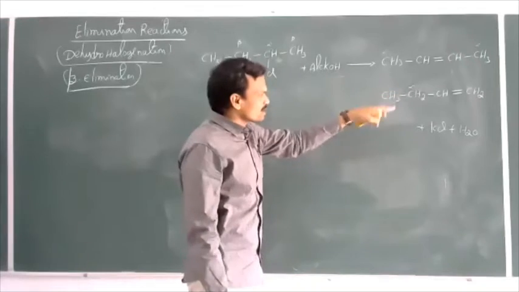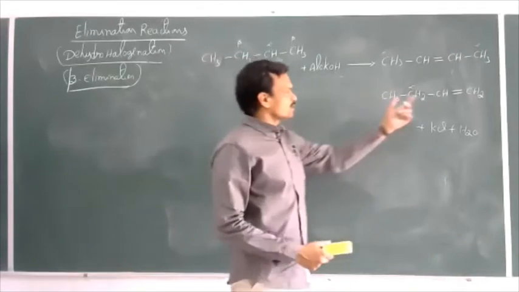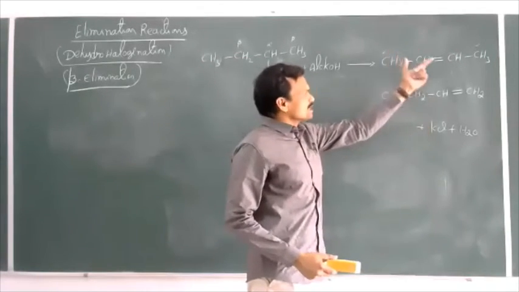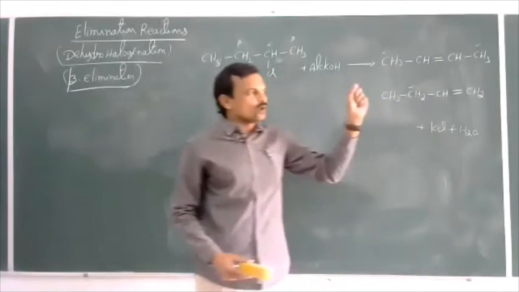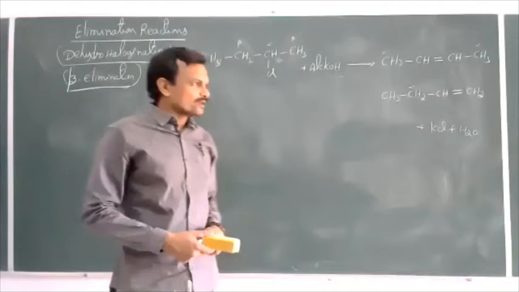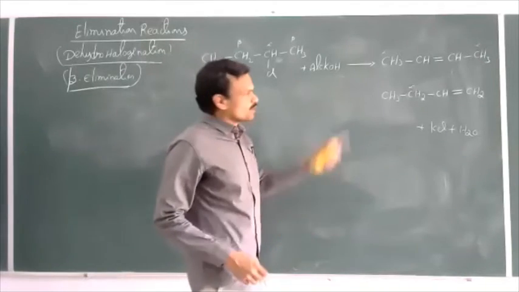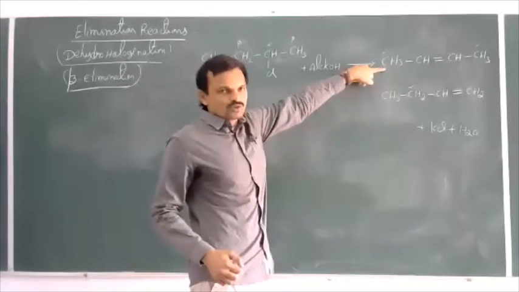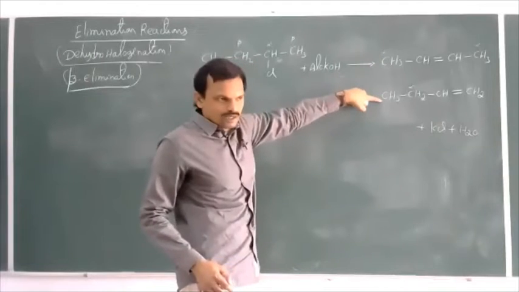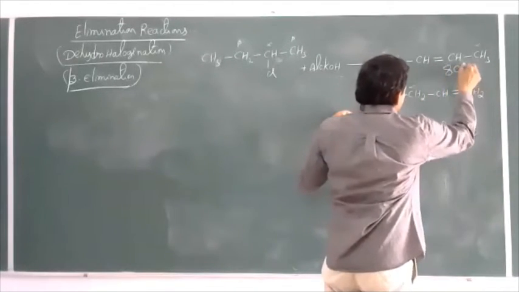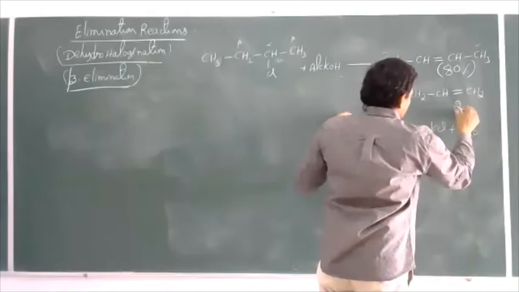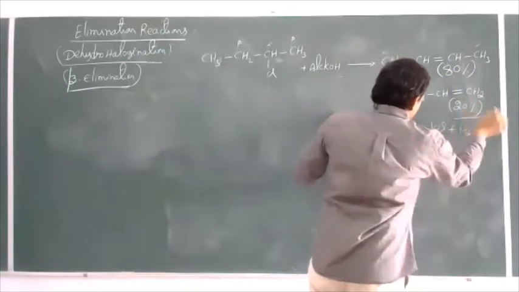Then how many hyperconjugated structures are possible here? 2 only. Here 6 hyperconjugated structures are possible, whereas here 2. That means among these two, the first one is more stable, the second one is less stable. As a result, the first is formed to an extent of 80%, and this is formed to an extent of 20% only.